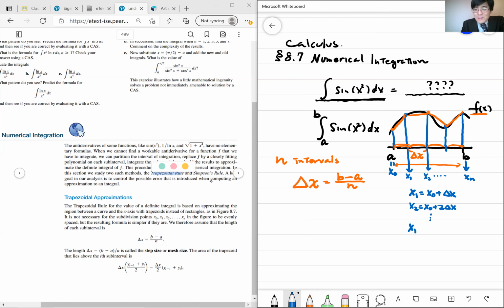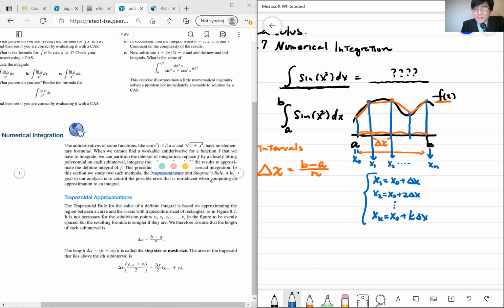So xk represents x naught plus k times delta x. We are going to find the y value at these points. The y value at each point means you just plug these x values into the function f(x).